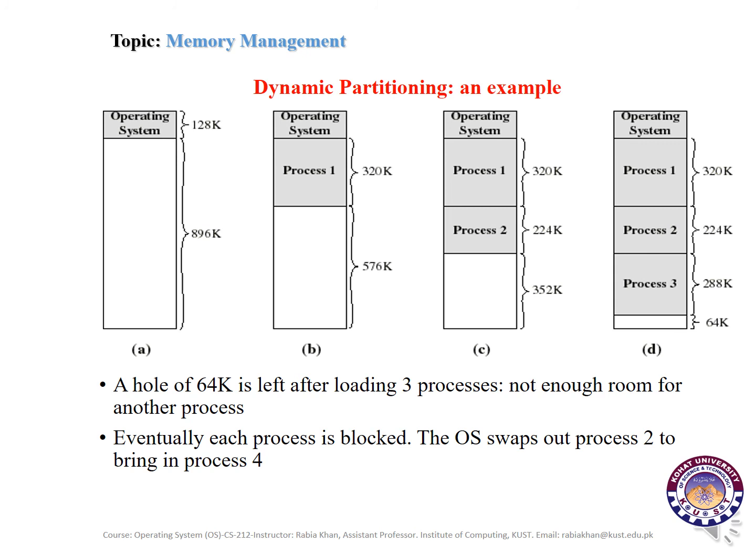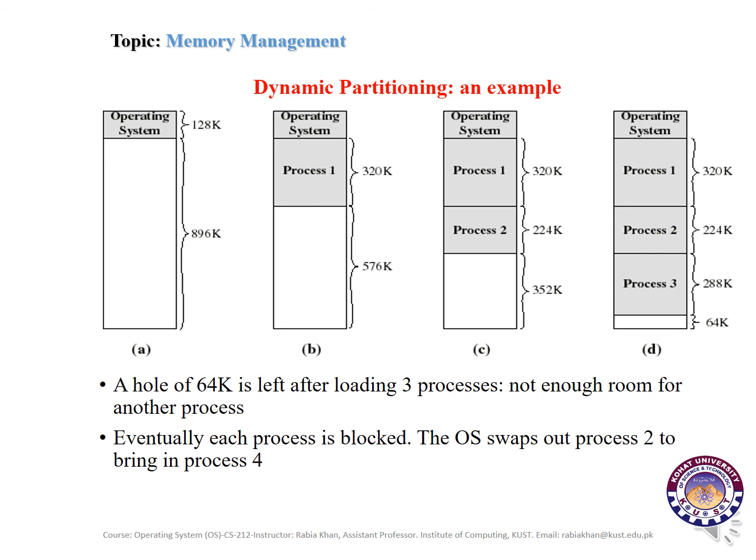Process 2 arrives and occupies 224 KB space just below process 1, which is its exact size, and another partition gets created. Process 3 has 288 KB size, which makes another partition of exactly its size right below process 2. A free hole of 64 KB is left, which is too small to hold any process.